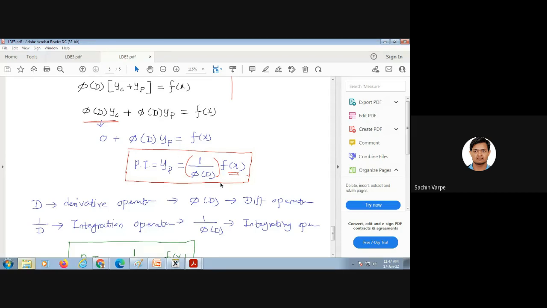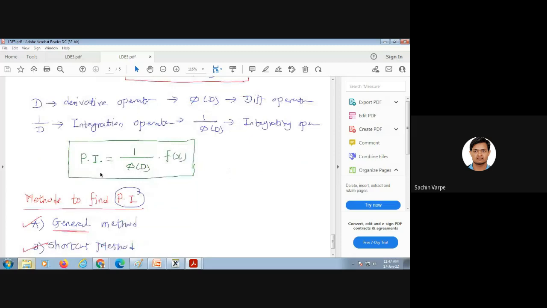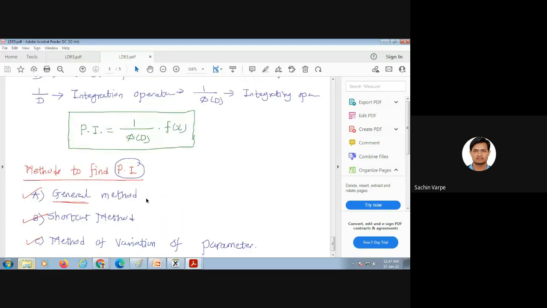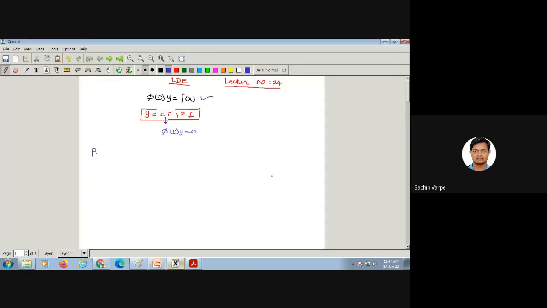Where this 1 upon phi of D is an integrating operator. Right? So that is why the name is particular integral. These are the three methods to find the particular integral: general, shortcut, and method of variation of parameter. Right? So let us discuss one by one. Particular integral. The first method is the general method.